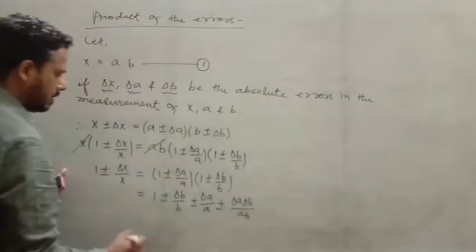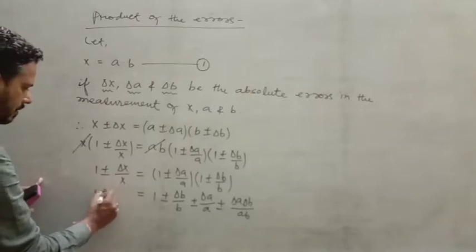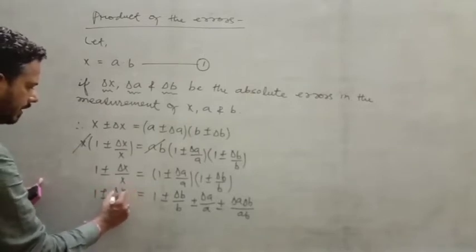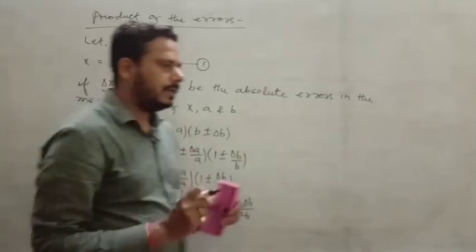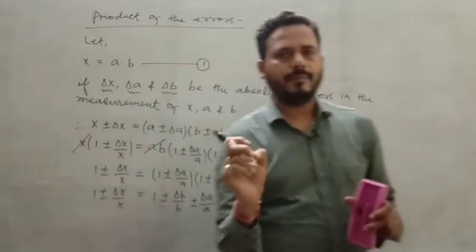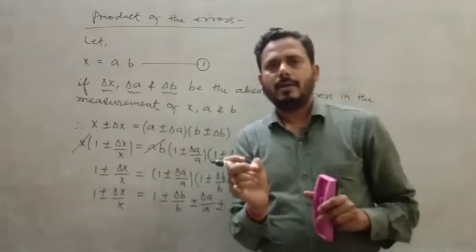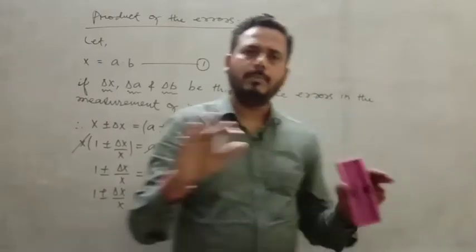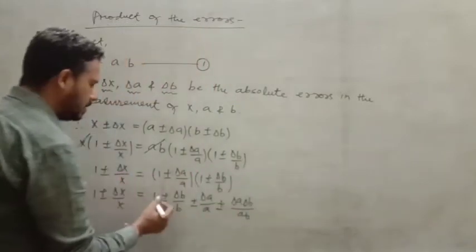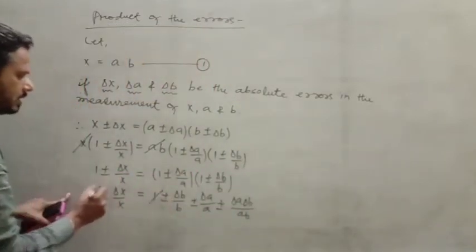And 1 plus minus delta x by x. So 1 is a factor on both the left and right sides, so this 1 and 1 will be cancelled.